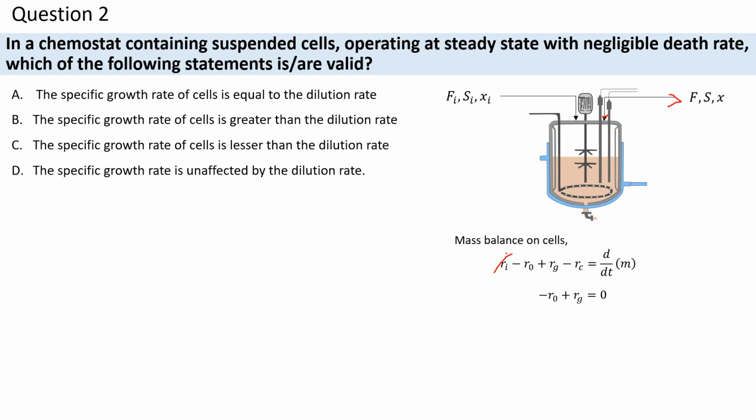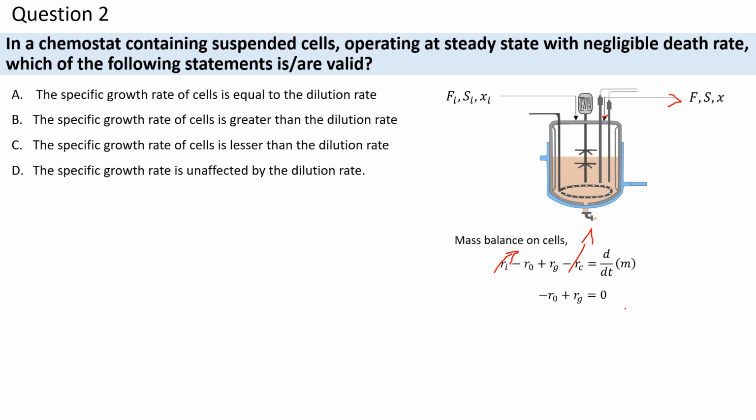So your Ra is going to be 0, whereas consumption Rc, no, because they have already given there is negligible death rate. Okay, your Rc and Ra is 0, therefore minus R naught plus Rg is equal to 0.